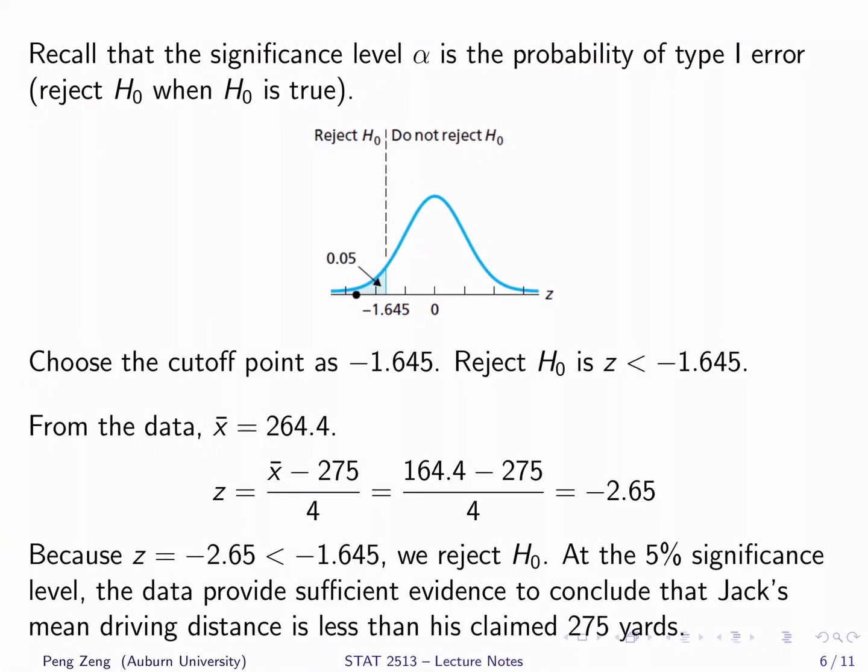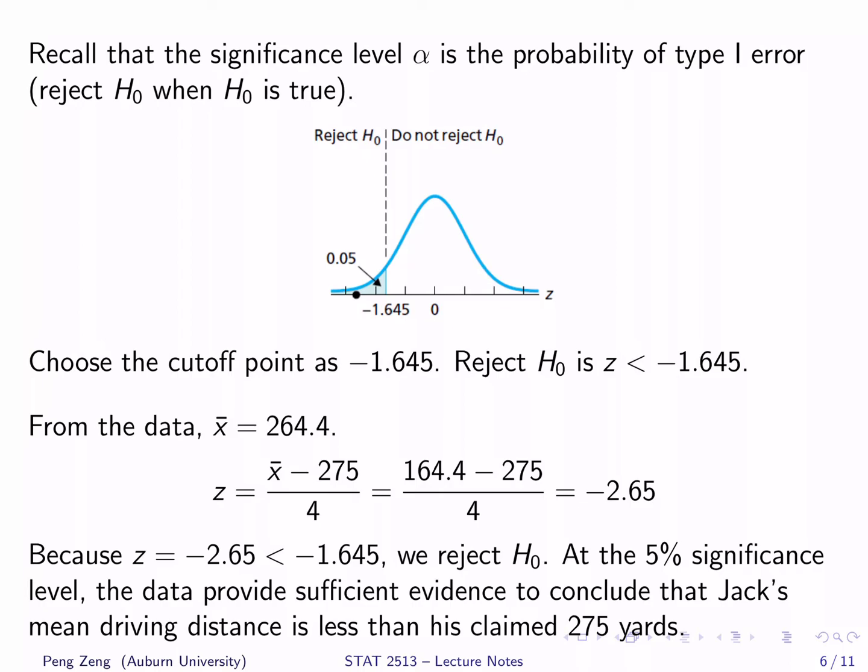Recall that for a hypothesis testing problem, we will set the significance level alpha, which is the probability of type 1 error. A type 1 error occurs if we reject H0 when the null hypothesis is true. Now, we have assumed that the null hypothesis is true.